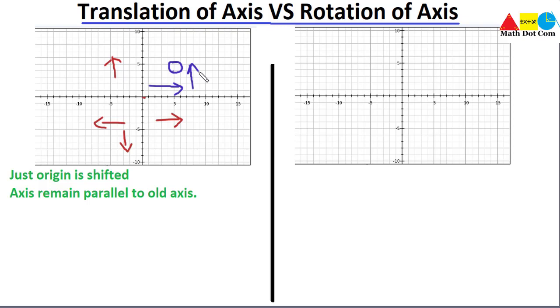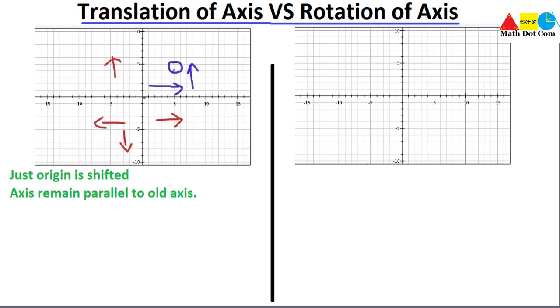So this is called the translation of axis, and now our origin has been changed, and accordingly the points on the coordinate axes will also change. How they will change, we will see in the formula as well as in the example. But you should know that translation refers to the movement of the origin in the left, right, upward or downward direction. So this is about the translation of axis.